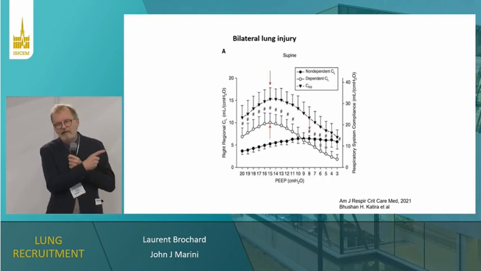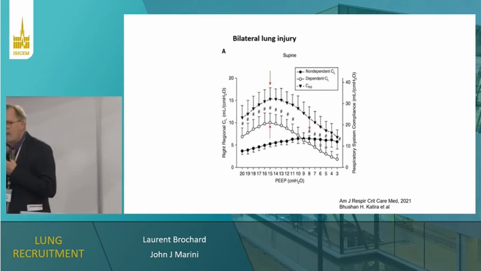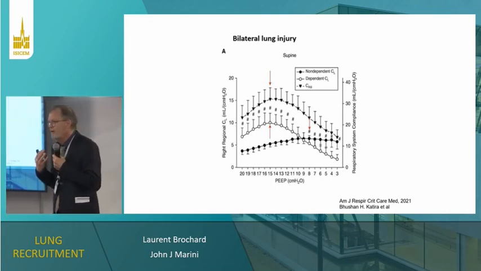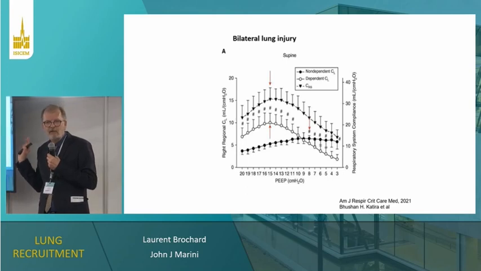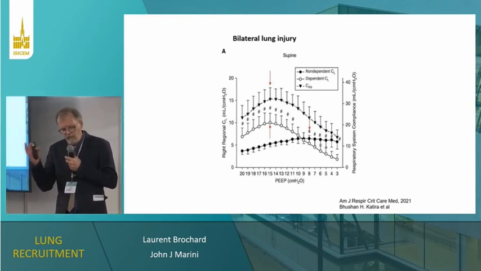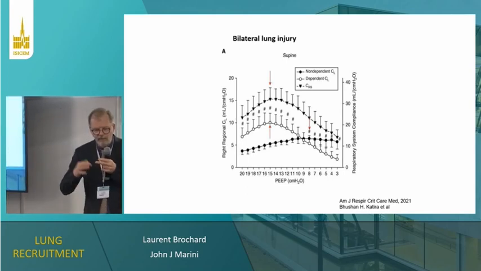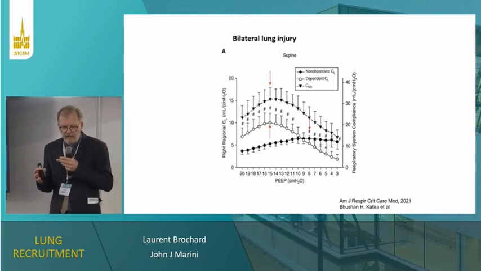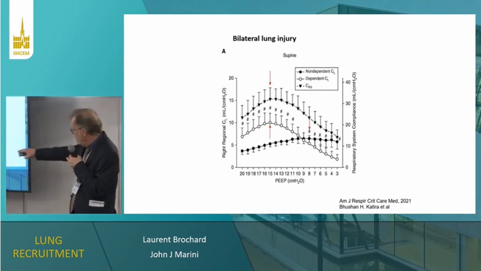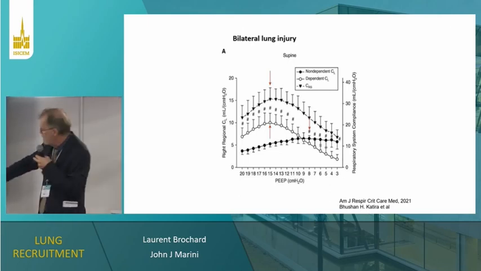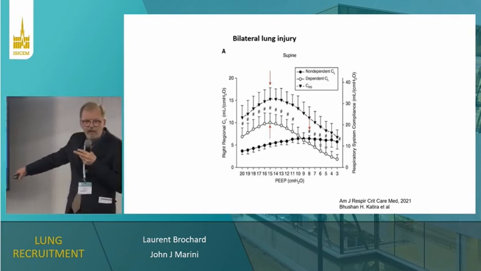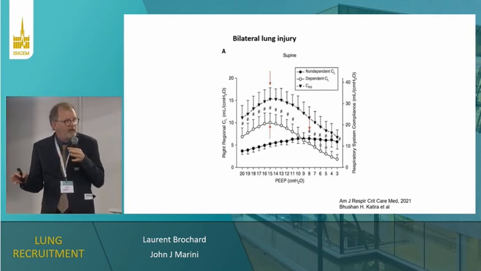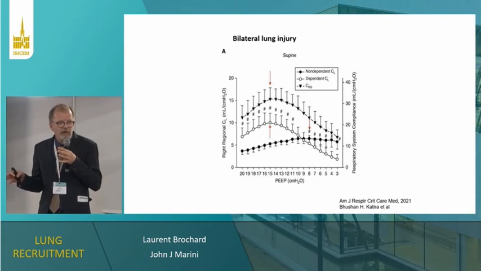Maybe I can show this last one because to me it's eye-opening, as you say. This is an experimental study we did where we wanted to test supine and prone, etc. And this is a decremental PEEP trial, right, from 20 to 3 centimeters of water. Animal model of bilateral lung injury.